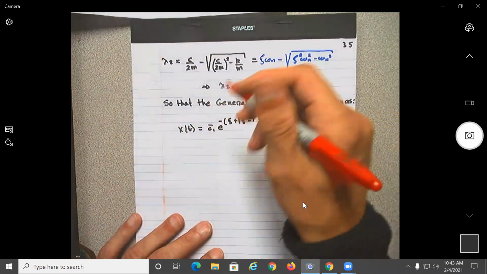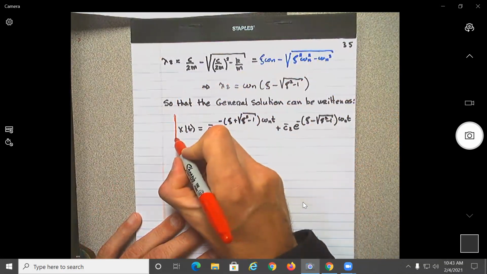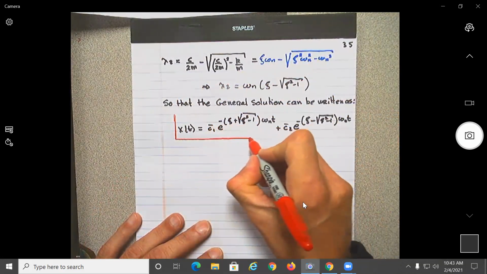I'm going to put on Canvas a handout with these equations.